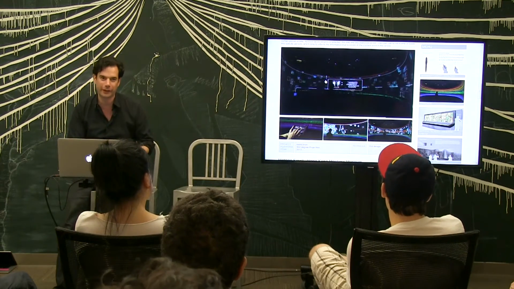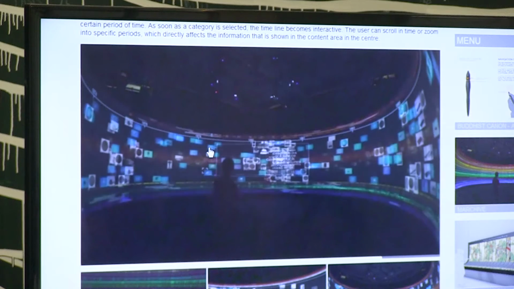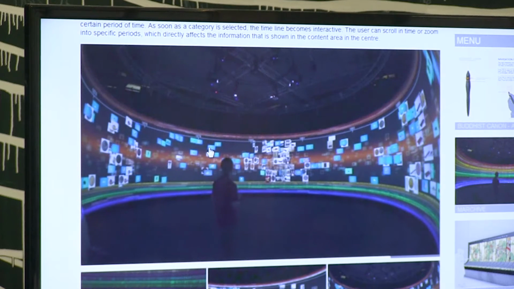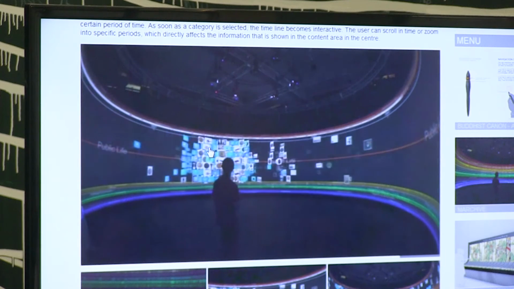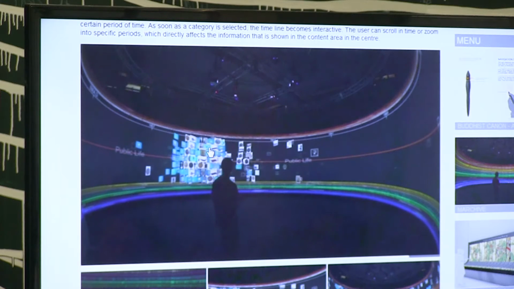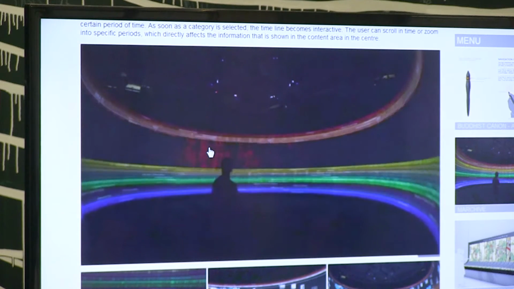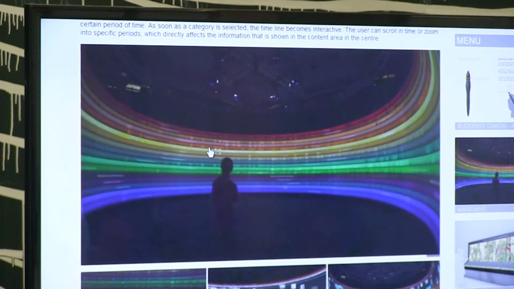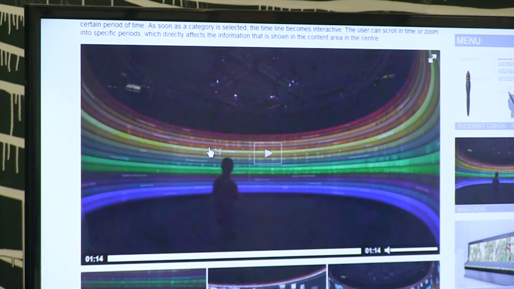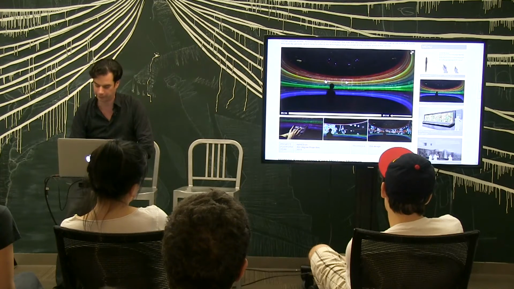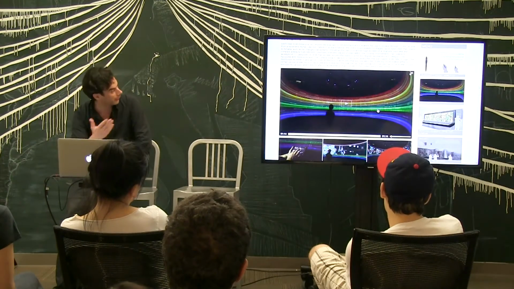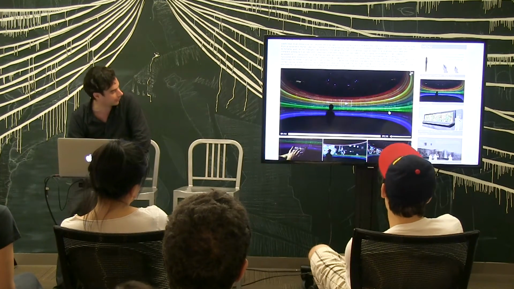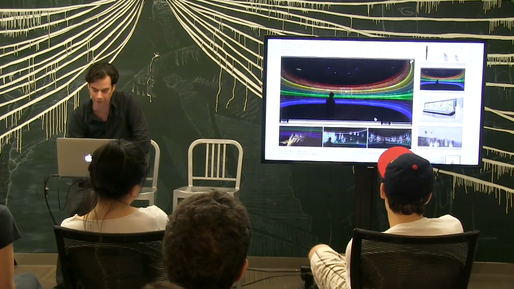The question is how to navigate in such spaces, because on one hand there is a really huge possibility in terms of showing similar things or different things at the same time, but it will never be enough to show the whole content. That means there is still selection, navigation and orientation involved. So very interesting for museums, this kind of application.